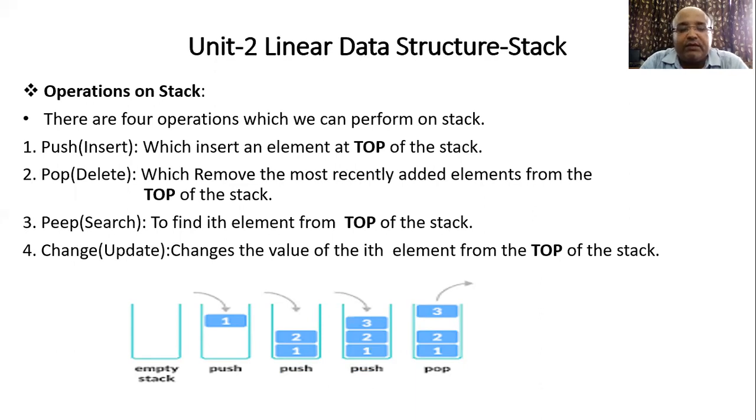For example, if you have a requirement to change or update the value of the element second from the top, it means you are going to change the value of the element which is second from the top.